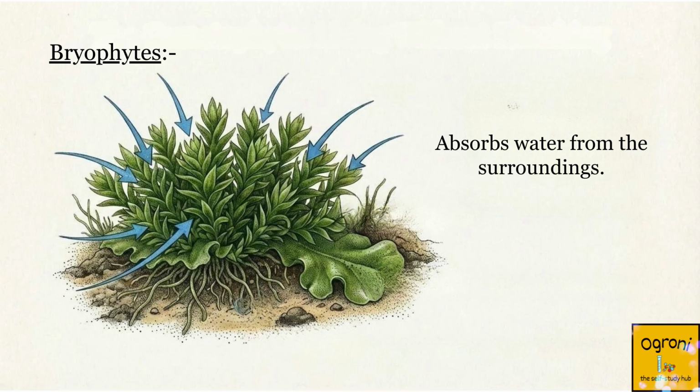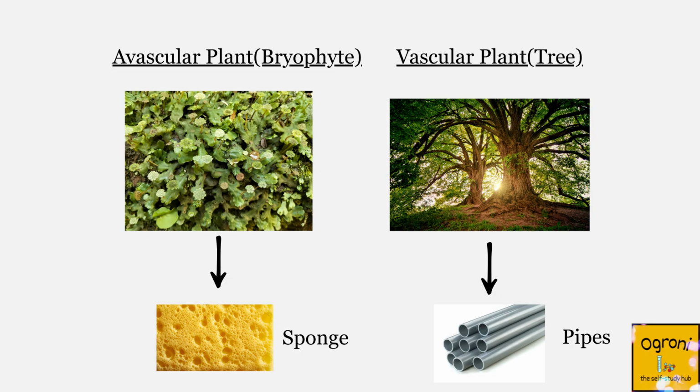In avascular plants like bryophytes, their entire body absorbs water from the surroundings. So we can say that bryophytes or avascular plants act like sponges, whereas vascular plants have their own pipeline.